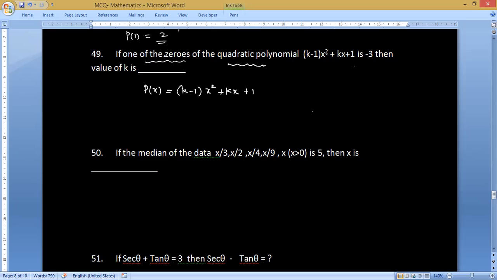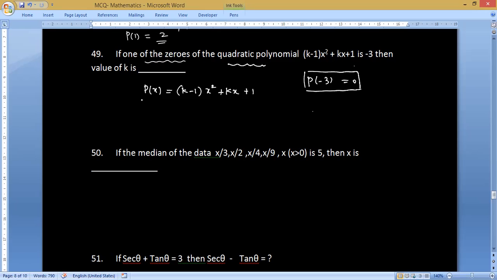In the question, one of the zeros of the quadratic polynomial is minus 3. That means when I substitute minus 3 in this p of x, we will get zero. So p of minus 3 is 0. This is given in the question.